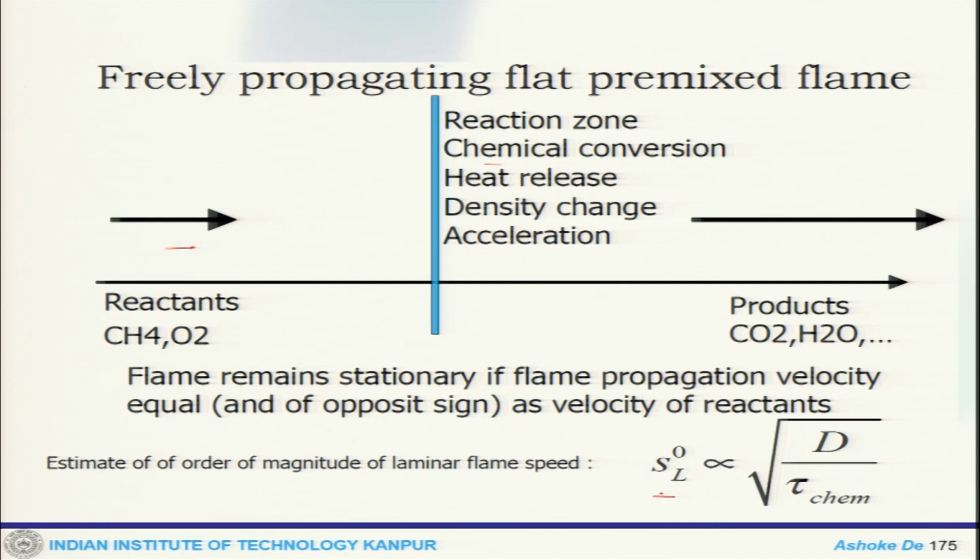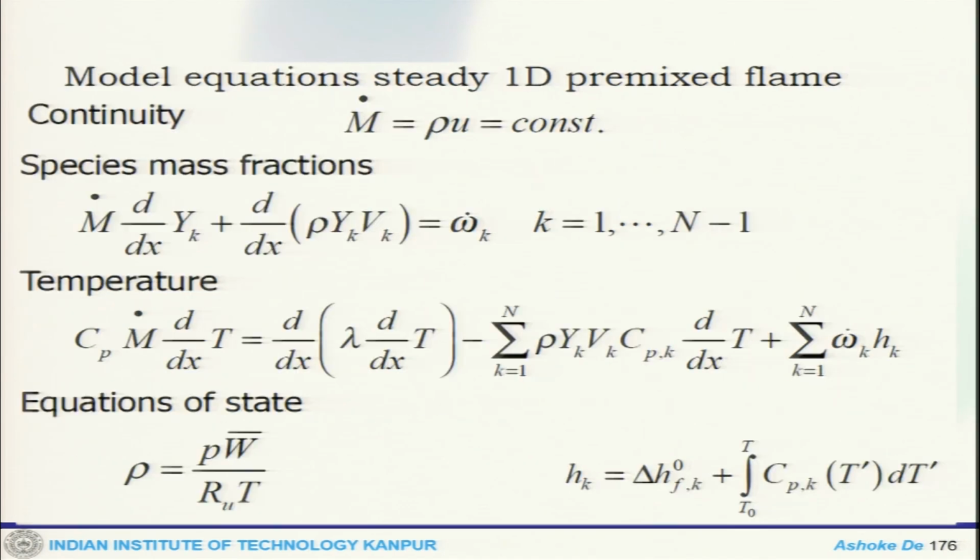If you recall, this laminar flame speed or laminar burning velocity is proportional to the diffusivity and also the chemical time scale. So now for this freely propagating system, this will be a one dimensional premixed flame.